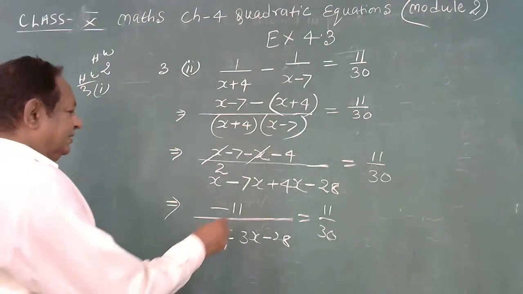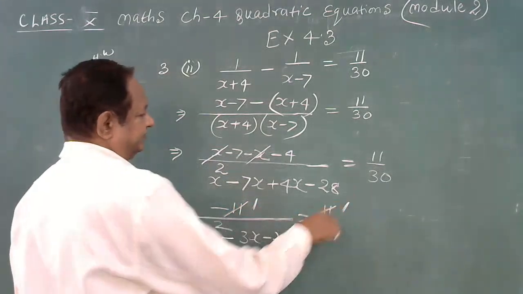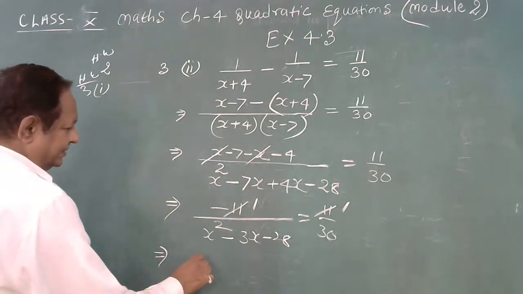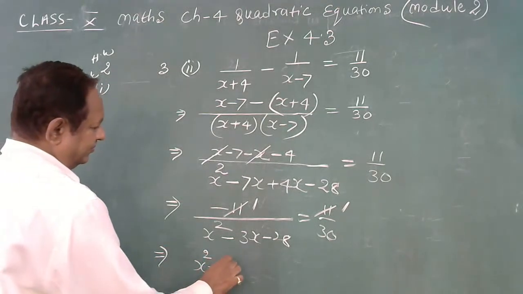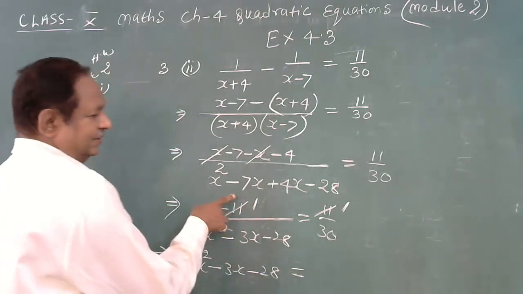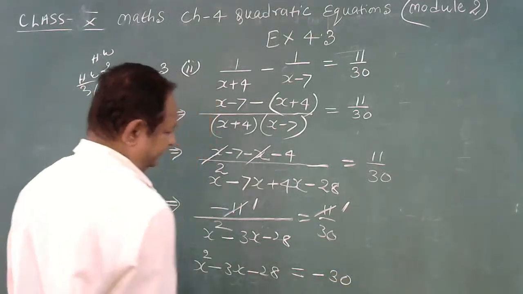Now cancel out the common factor 11. By cross multiplication, x square minus 3x minus 28 is equal to minus 1 into 30, that is minus 30.